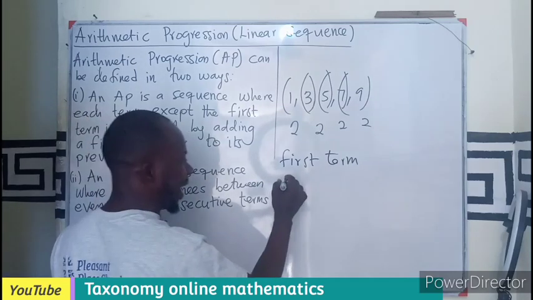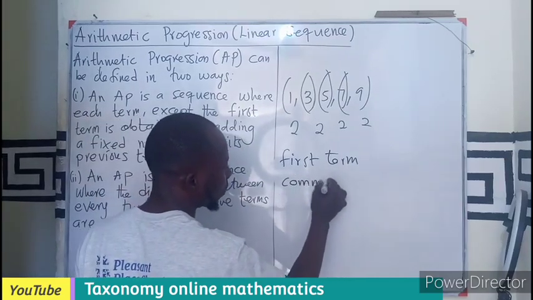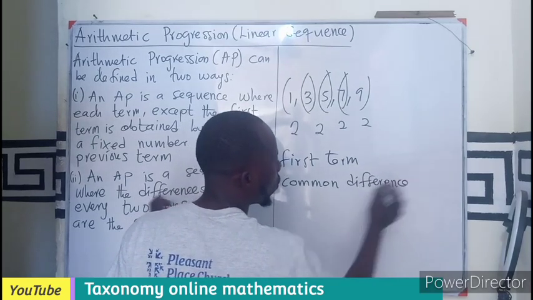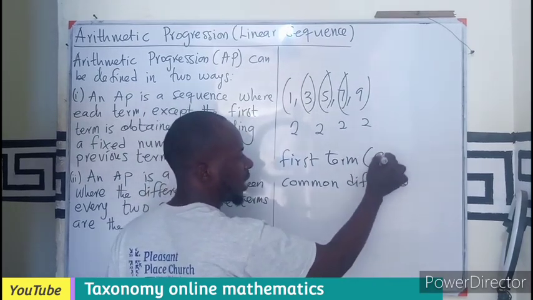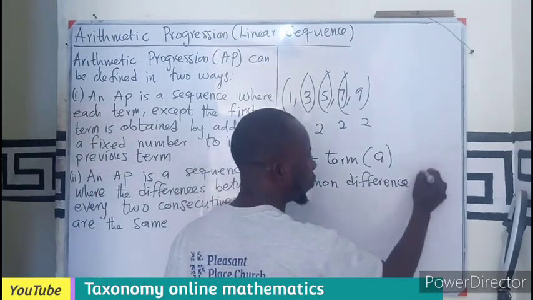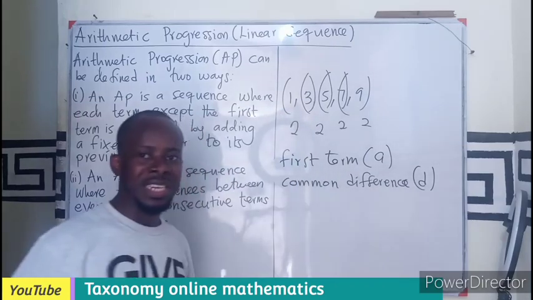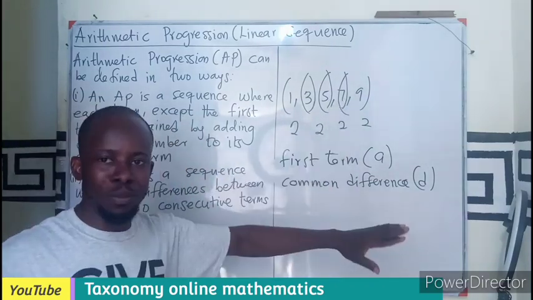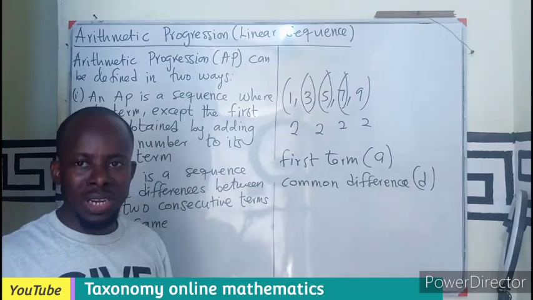Difference, which we can term as the common difference. The first term is always denoted with A. Then the common difference is also denoted with what? D. So in this we have first term, we have a common difference.